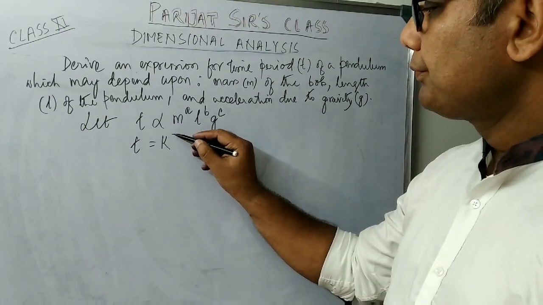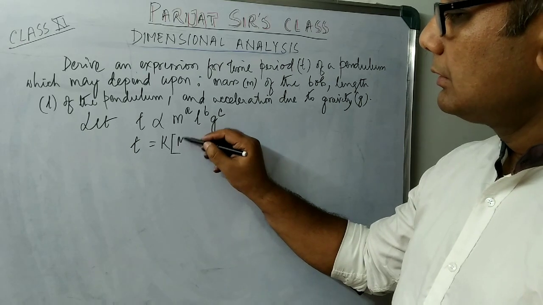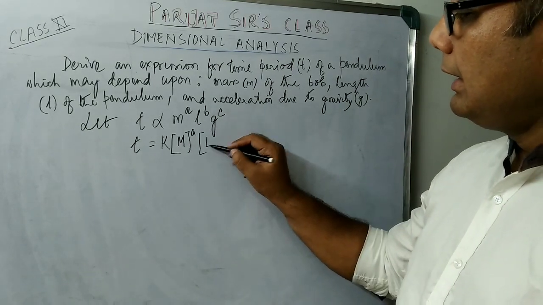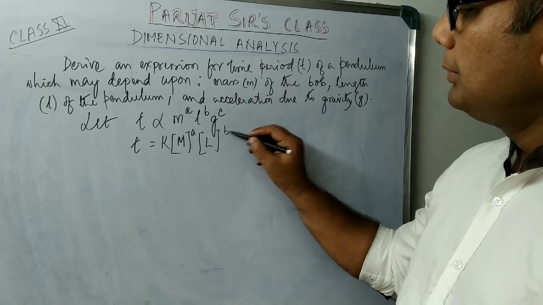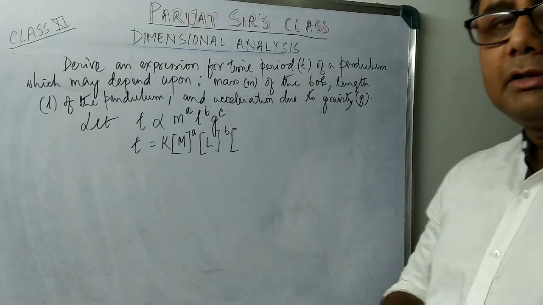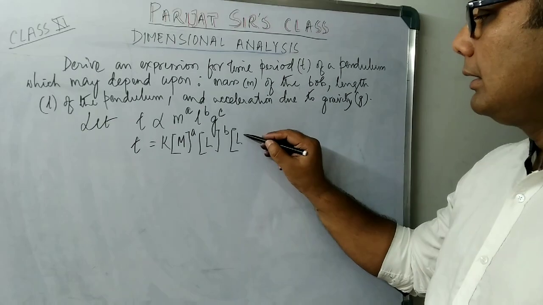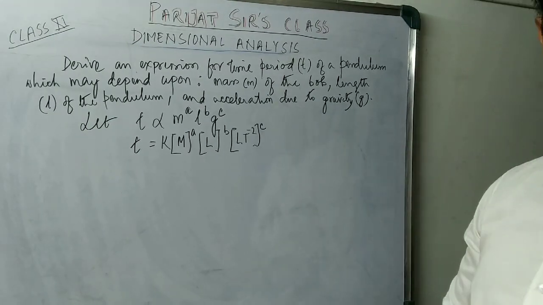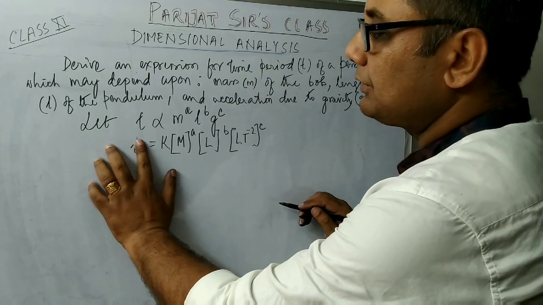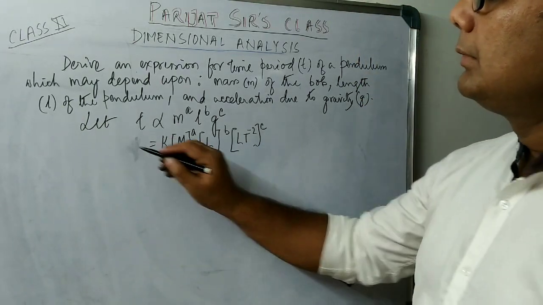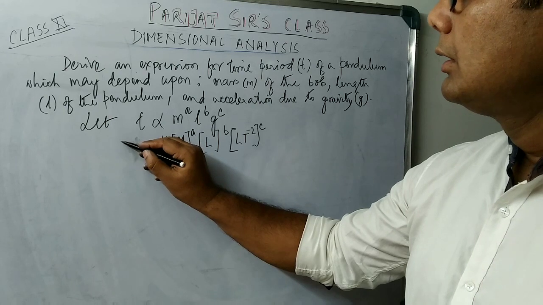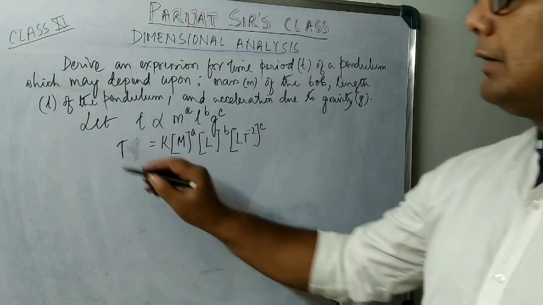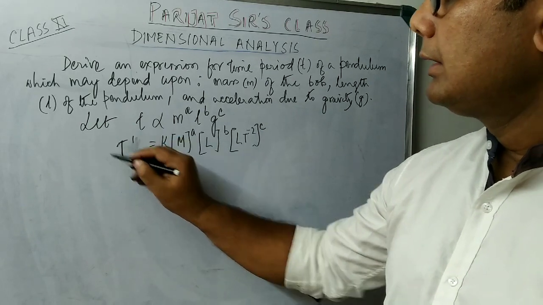So let's see. Mass M to the power A, length L to the power B, and acceleration, I told you, L T minus 2 to the power C. And on the left side, what can it become? It will be T, and there will be T to the power 1.